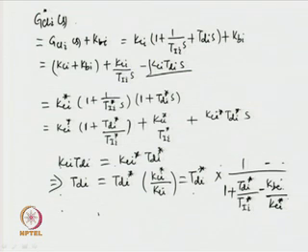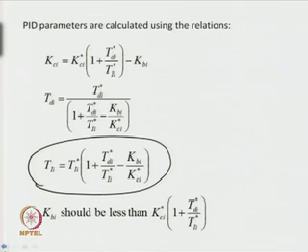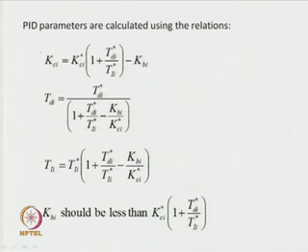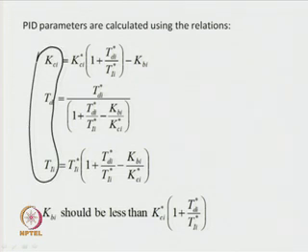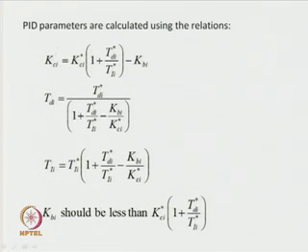So, these relations help us to calculate back the parameters of the original PID controllers that we had employed in the TITO control scheme. These are the original PID controller parameters, calculated from the parameters obtained for the new controllers.